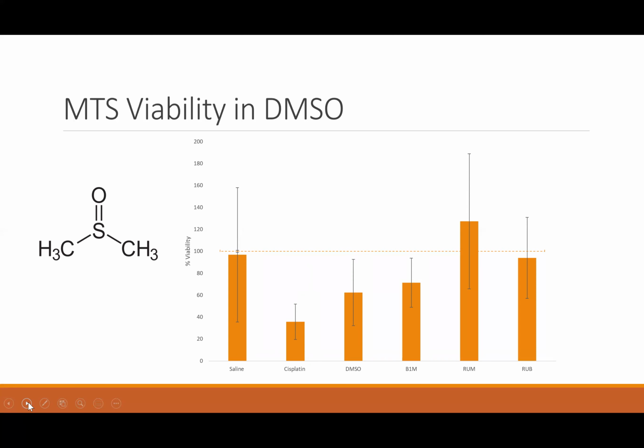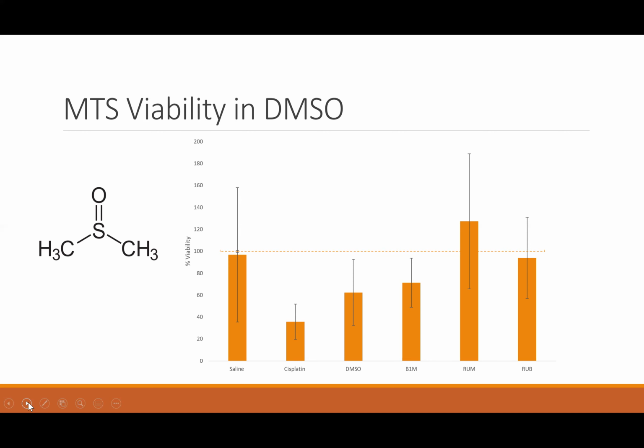DMSO, we do know is toxic to the cells, so there is a decrease in viability. B1M, you see a decrease in viability. RUM and RUB both appear to be pretty much ineffective, especially compared to DMSO.